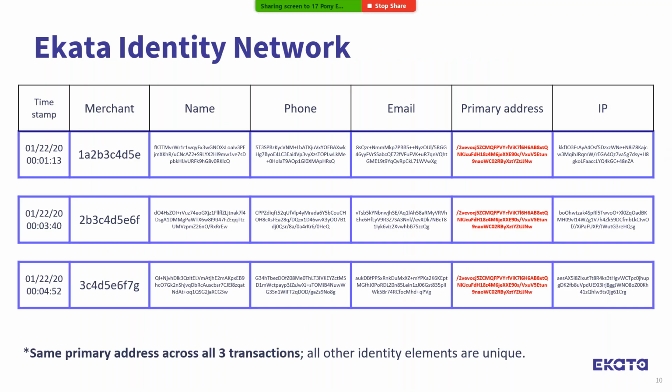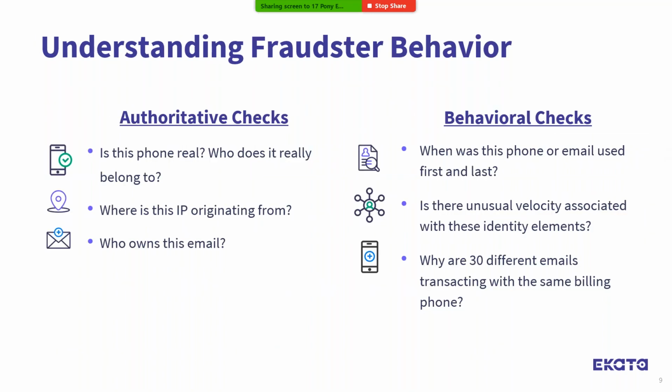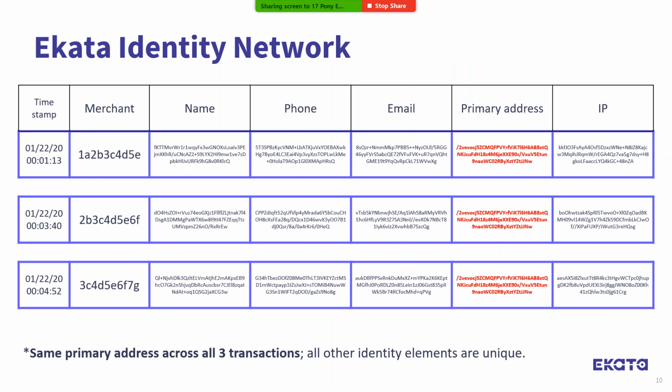Cool. So to dive a little deeper into this, here's an example of what we look at within the network. So first of all, these three rows are example transactions. And as you can see, they're not human readable.